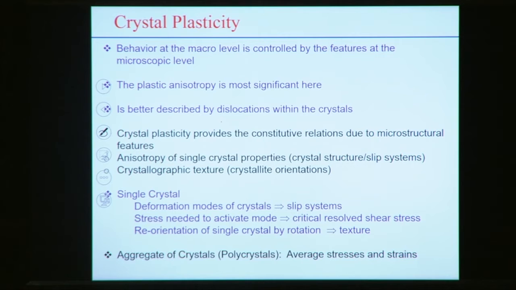Here the plastic deformation is aligned or oriented to plastic anisotropic conditions. So it is very significant when you analyze the microscopic level of deformation that we consider the anisotropic deformation behavior of the material. But this behavior is better explained by the dislocations, or the movement of the dislocations, within the crystals.